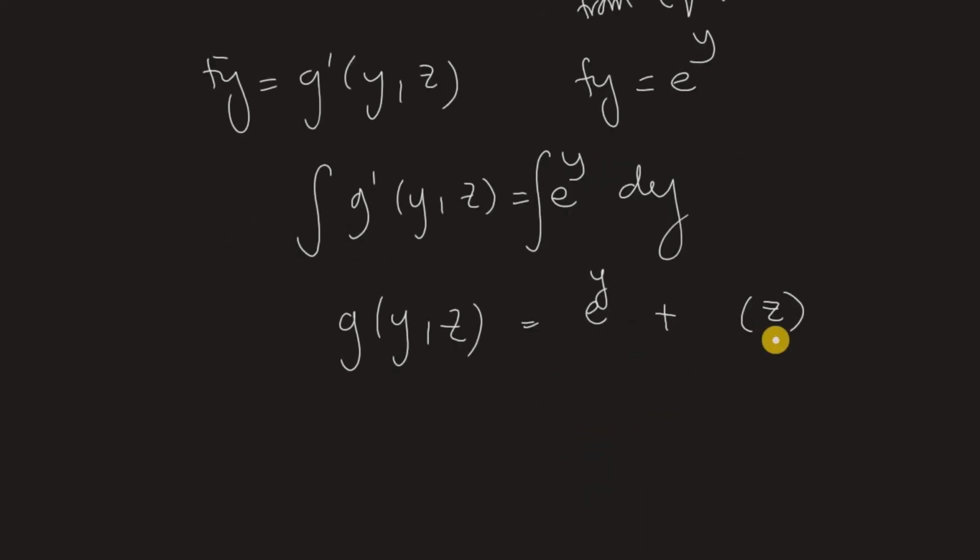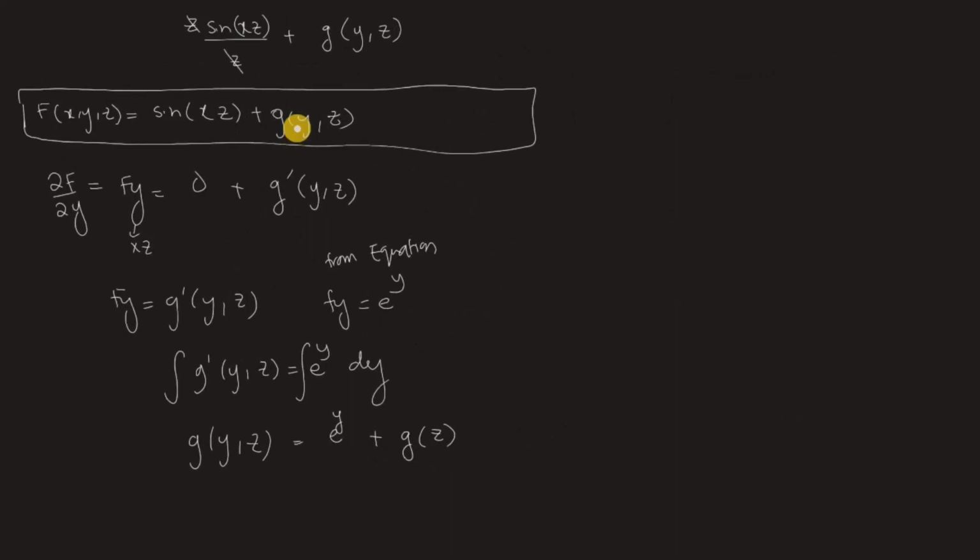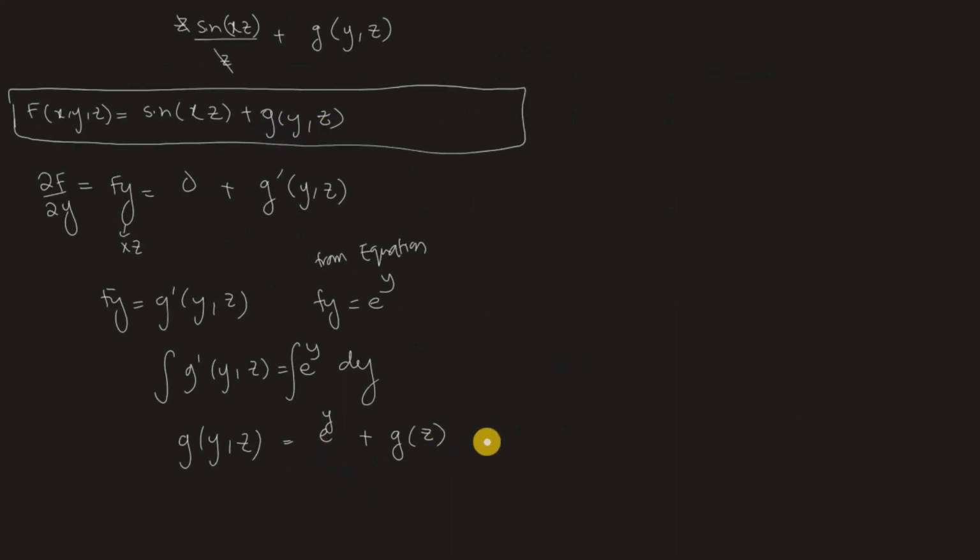Now we need to worry about the z constant, which means there is a z constant missing, and here you can again name it anything you want. Let's go ahead and name it g of z. Okay, so you can replace this g of yz in this equation here with e to the y plus g of z, and now you need to find the g of z.